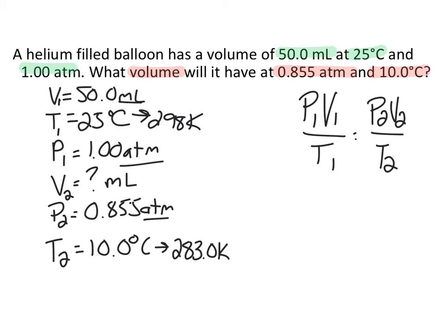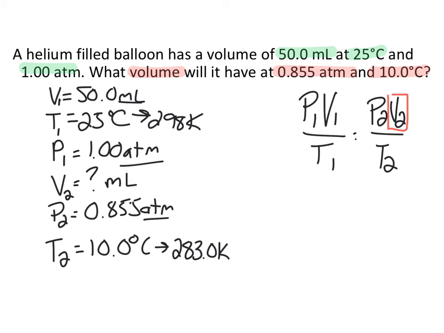Okay, so I like to do the math with this one a little bit differently. So let me change the color of my pen. So I want to isolate my variable, and I'm solving for V2. So I need to get rid of everything that's on that right-hand side besides V2.